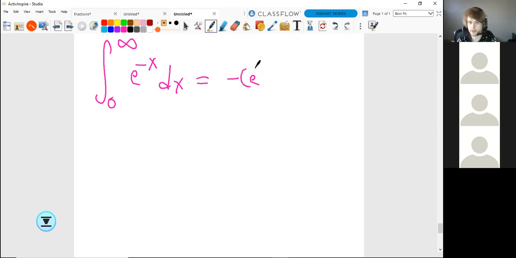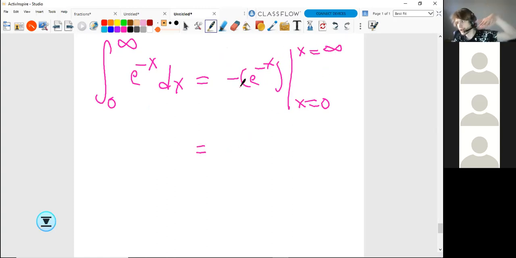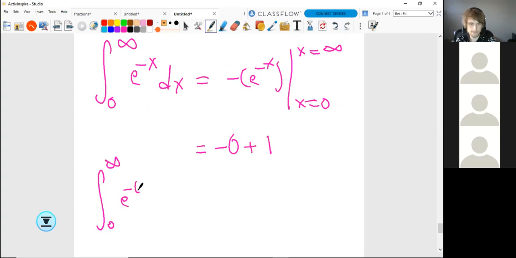So this is minus e to the minus x, evaluated from x equals 0 to x equals infinity. If we plug in x equal to infinity, e to the minus x goes to 0, so that's minus 0 plus, if we plug in 0, we get 1. Wait, wouldn't you get minus 1? Oh, minus minus 1. Right, sorry.